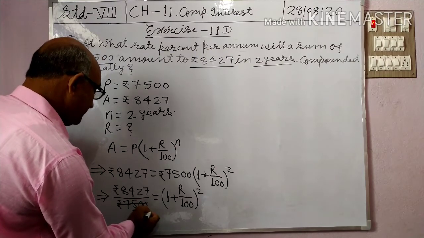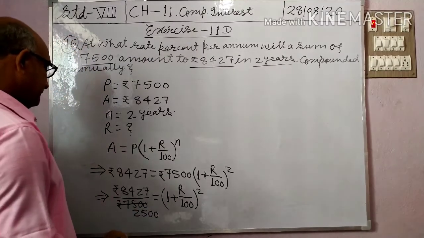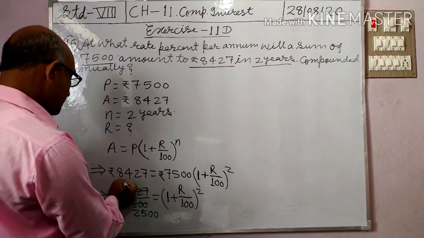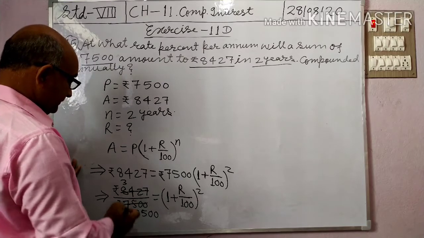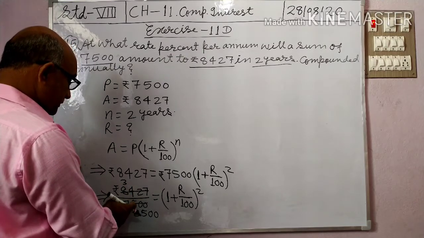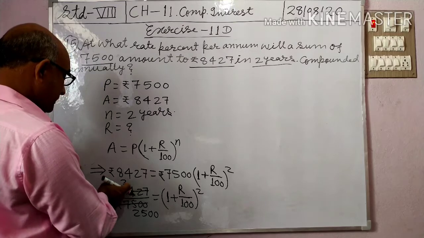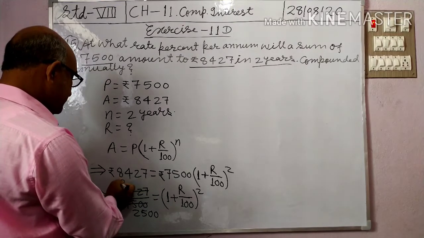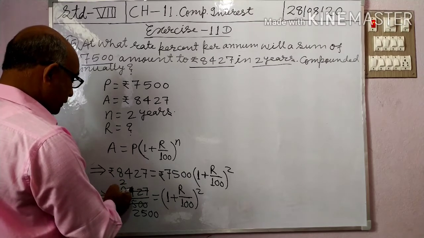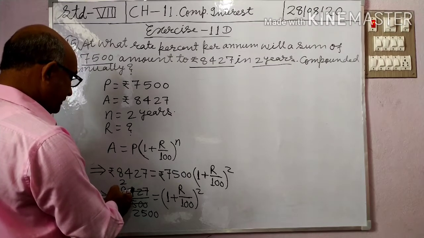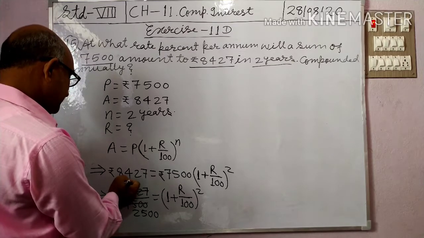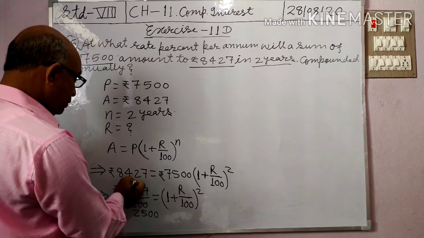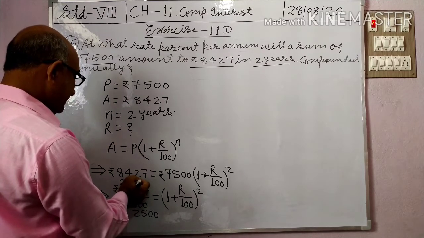25 threes are 75, so 2,500, and it is divisible by 3. 3 twos are 6, 3 eights are 24, 3 nines are 27.